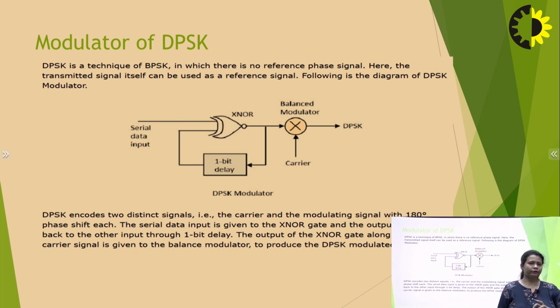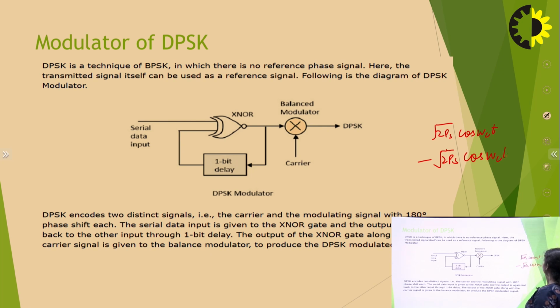Suppose one signal is root 2 Ps cos omega ct, and another signal is minus root 2 Ps cos omega ct. If we square both signals, since we are using a square law detector, it provides a squared output, so both will give a positive output.